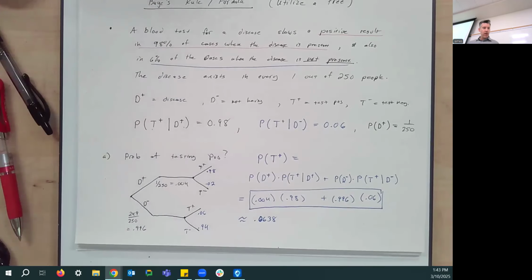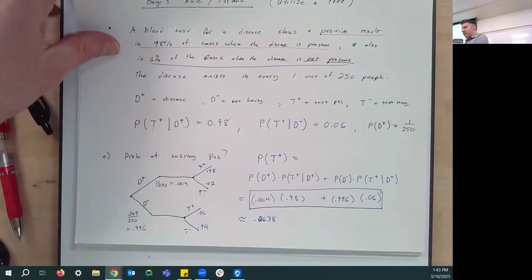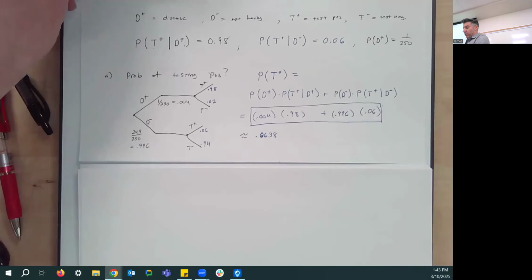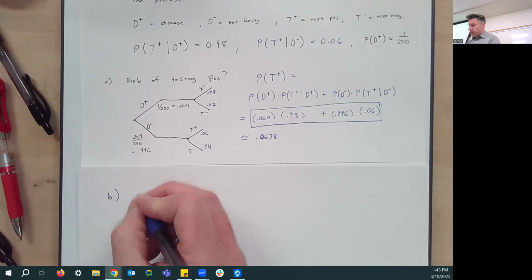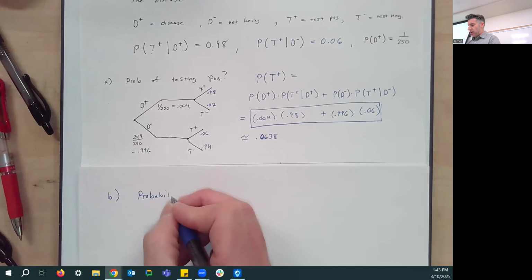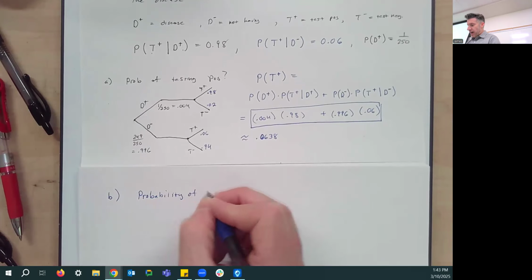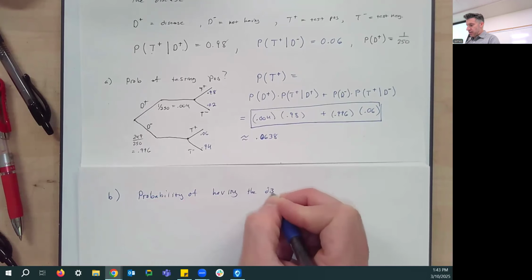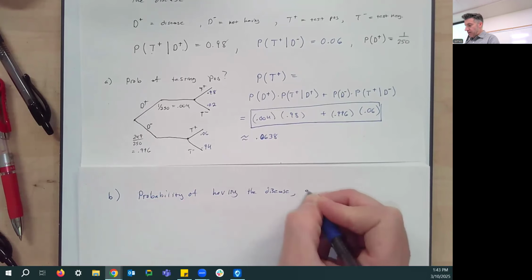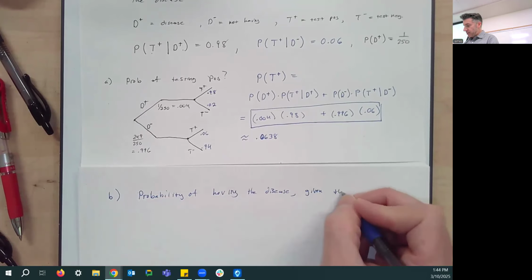Okay, so the question that I think is the most interesting or the most useful is the following. What's the probability of having the disease given that we tested positive?